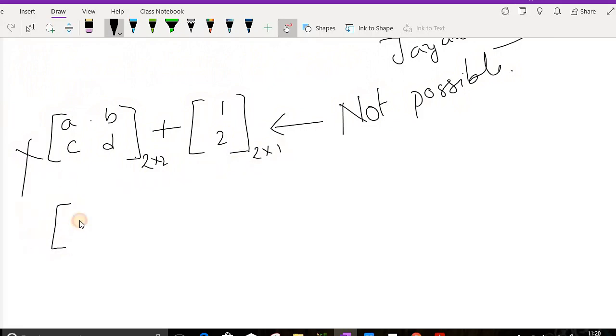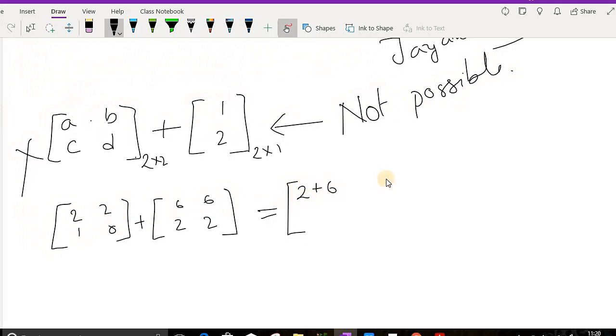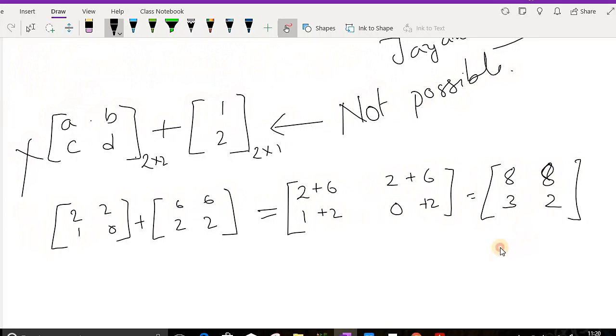Okay. So if you have to add, for example, the matrix 2, 2, 1, 0 and the matrix 6, 6, 2, 2, what you have to do is just add the corresponding terms. So this will be 2 plus 6, 2 plus 6, 1 plus 2, 0 plus 2, which is equal to 8, 8, 3, 2.